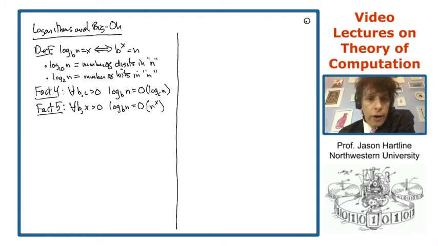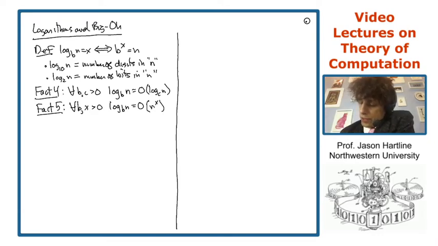Fact 4 is telling us that the base of the logarithm doesn't matter when we consider the asymptotics of a function. In other words, any log base b is asymptotically upper bounded by log base c of n, but of course you can swap b and c, and so log base c is asymptotically upper bounded by log base b of n.